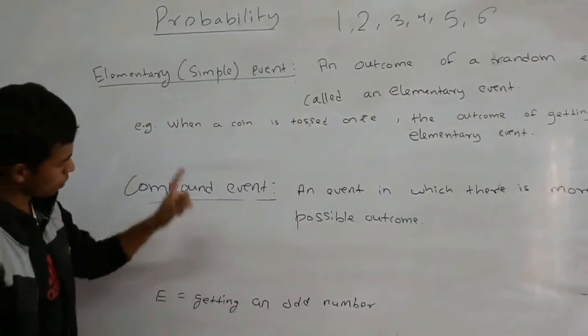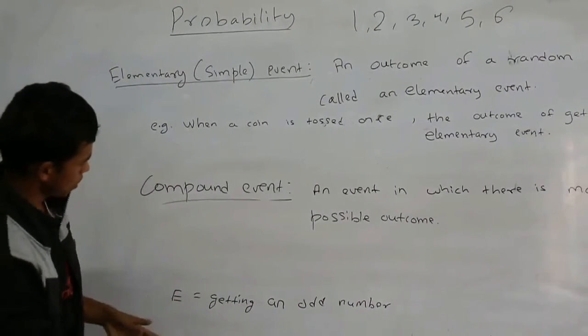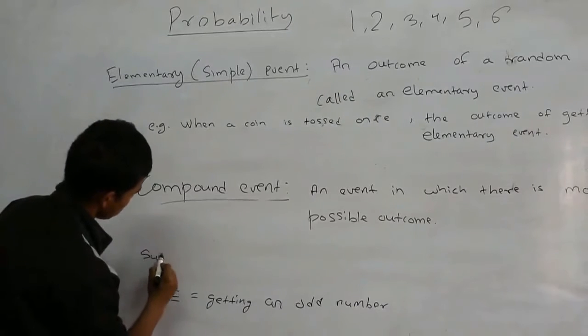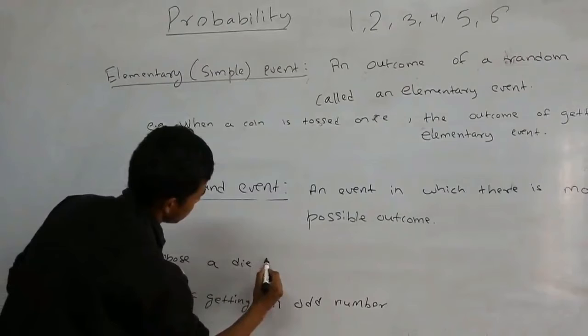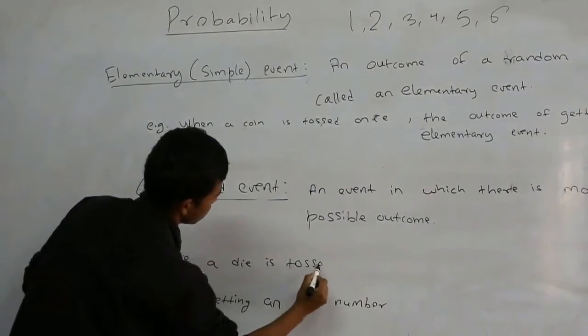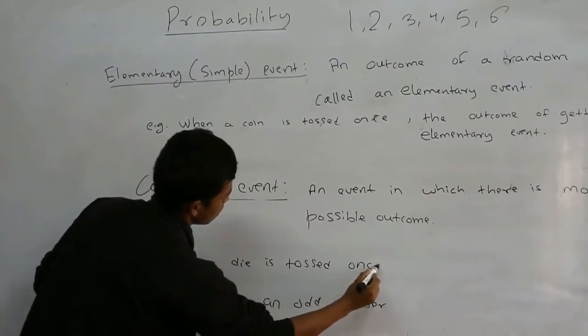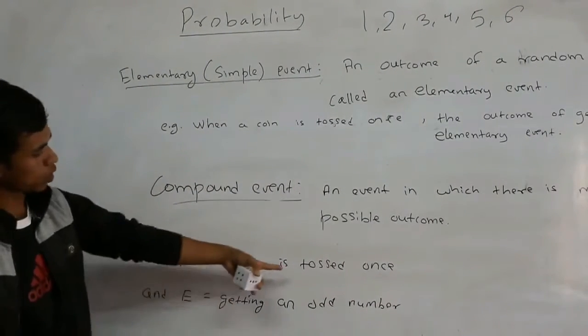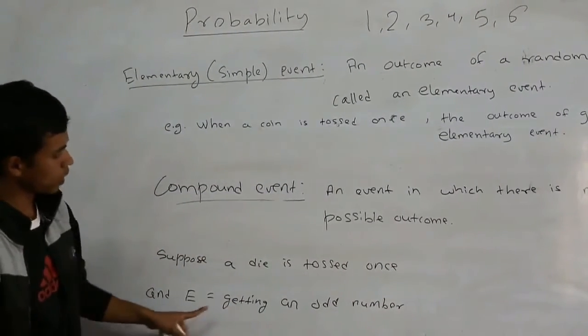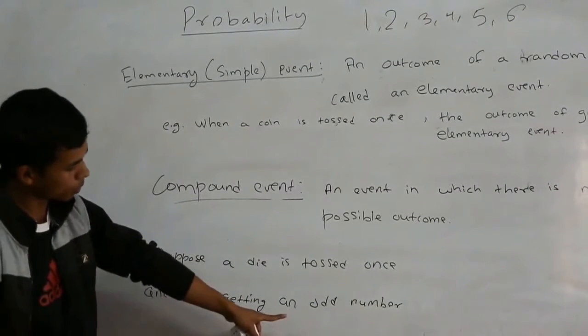Suppose a die is tossed once and you define E to be the event of getting an odd number.